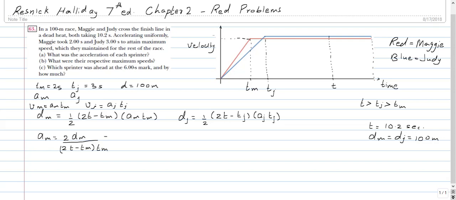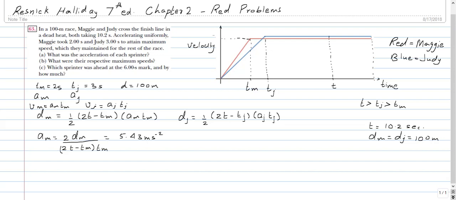And if we substitute the value of dm, which is 100, t as 10.2 and tm as 2 seconds, we will find the value of am. It comes out to be 5.43 meters per second square, correct to 3 significant figures.